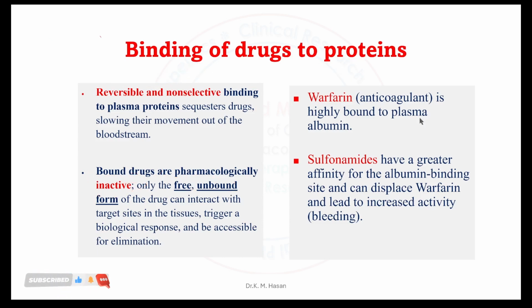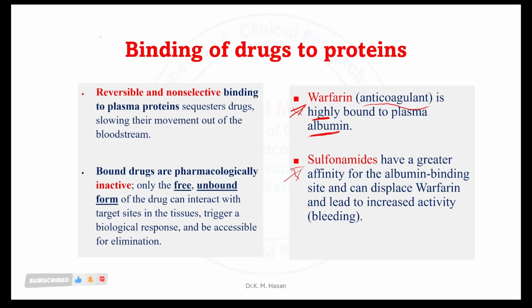As an example of medication in clinical practice, we have warfarin. Warfarin is an anticoagulant, and it is highly bound to plasma albumin, highly bound to plasma protein. So a patient who is already on warfarin comes to the clinic suffering from a urinary tract infection.